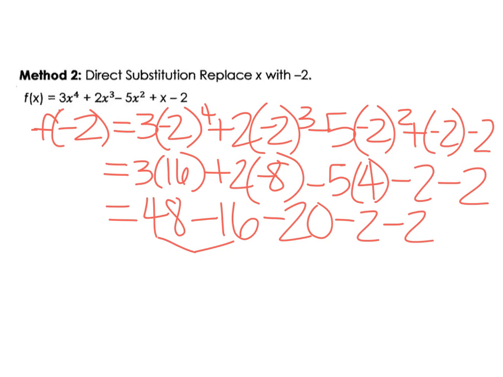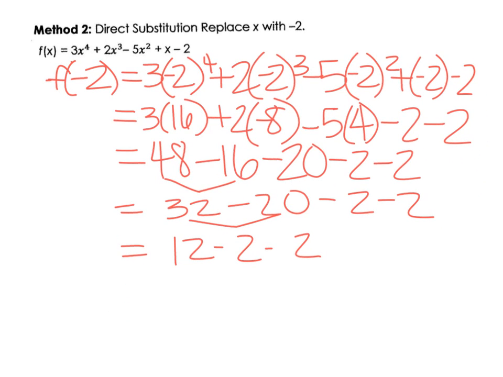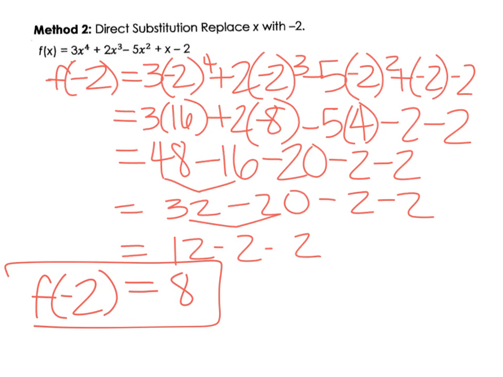Then 48 minus 16 gives us 32, minus 20, minus 2, minus 2. Then we get 12 minus 2 minus 2. And let me bring everything up. Then 12 minus 2 minus 2 is going to give us 8. So f of negative 2 equals 8. So both methods will give us the same answer, and you can choose which one you like better. Personally, I think synthetic substitution's a little bit faster and a little bit easier, but both methods will work.